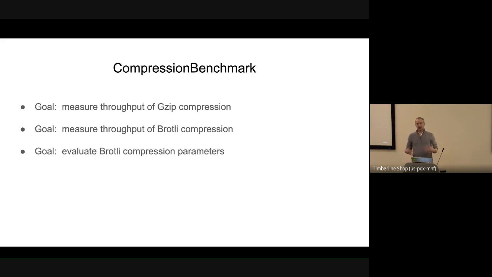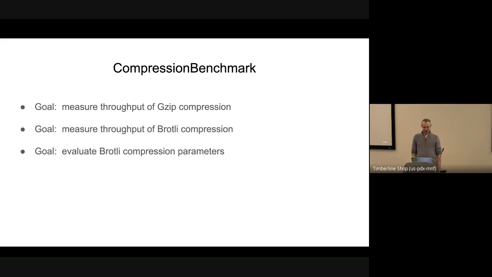Because I work on the cloud gateway team, we take in all these HTTP requests and then we send responses, and we like to compress the response before sending it to the client. If you look at browsers today, every browser in the world supports gzip compression. But there's a newer compression system on the web, which came out of Google.